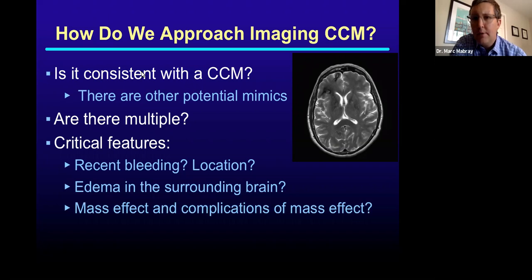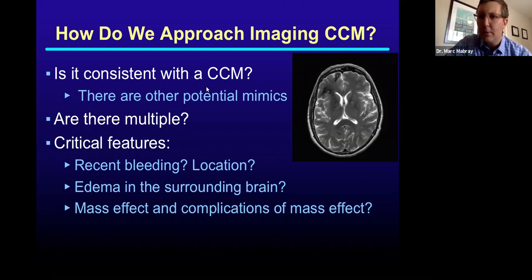Okay. Cavernous, there's a classic description of the way blood evolves in the brain and some ways to kind of time that. But I will say that cavernous malformations seem to be much more complicated than that. And they don't seem to follow these predictable patterns.